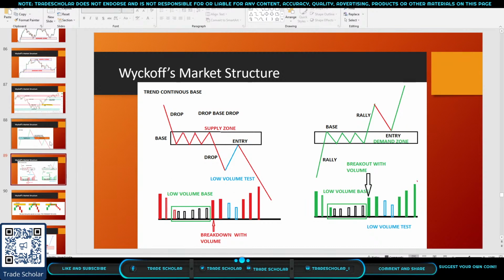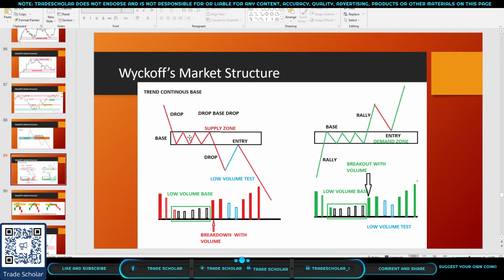So here, look at this one: trend continuation, drop base drop. The base has become a supply zone, so it drops, and then the supply zone, and then drops again. Then you can see low volume here, and a bigger volume here, a breakdown with volume.